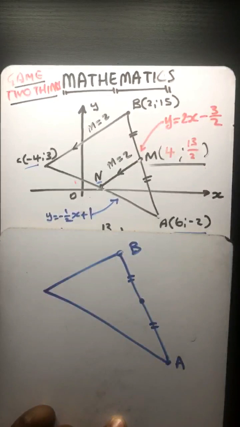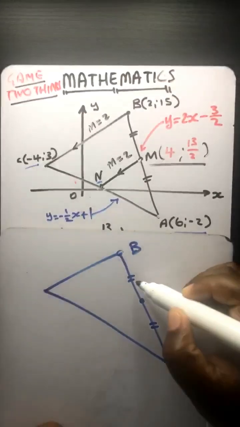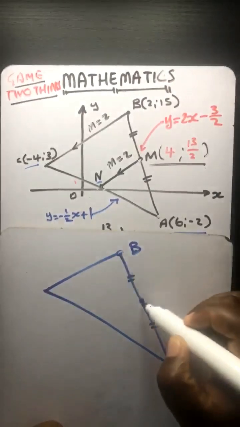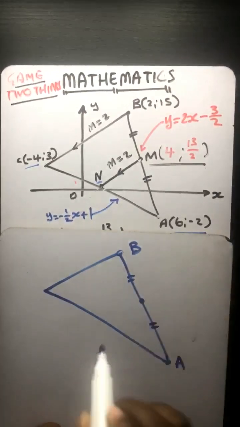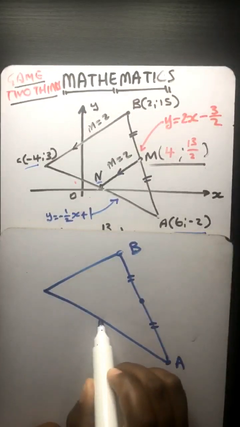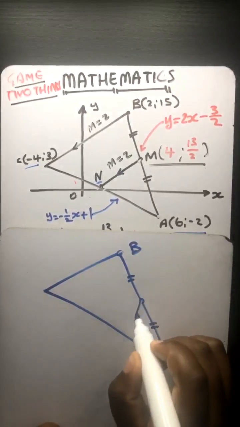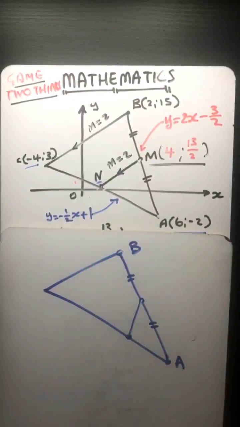So the reason why I'm saying you cannot base the reason on the fact that this line is in the middle of A and B, therefore it's also in the middle of this and that. So what if you have that line doing that? Can you see the reason is no longer valid? Yes, I agree.